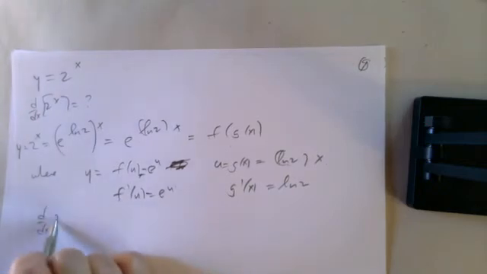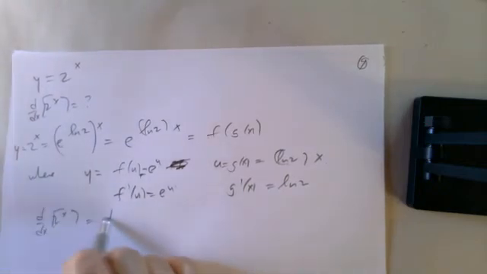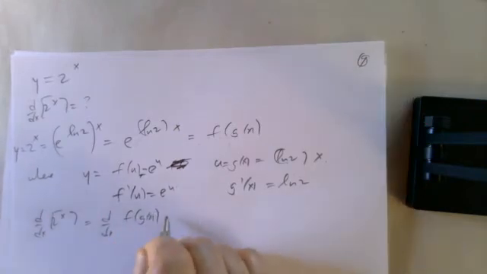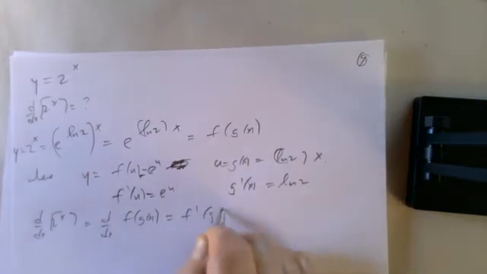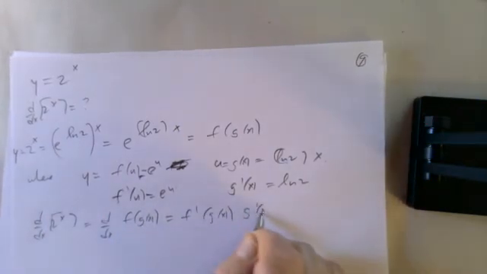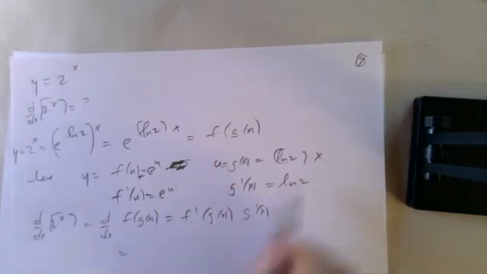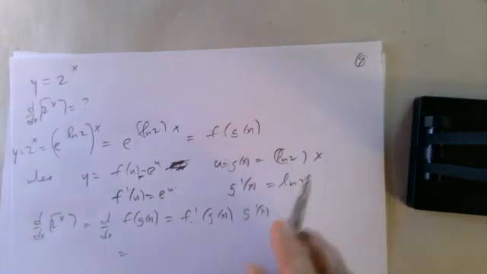So the derivative of 2 to the x is the derivative of f of g of x. That's f prime of g of x, g prime of x by the chain rule. F prime of g of x, what is g of x? G of x is log 2 times x.